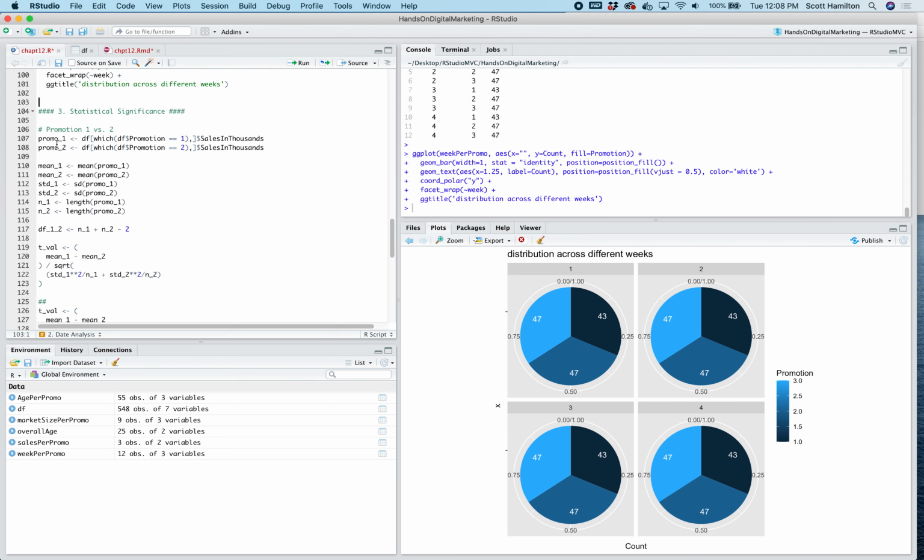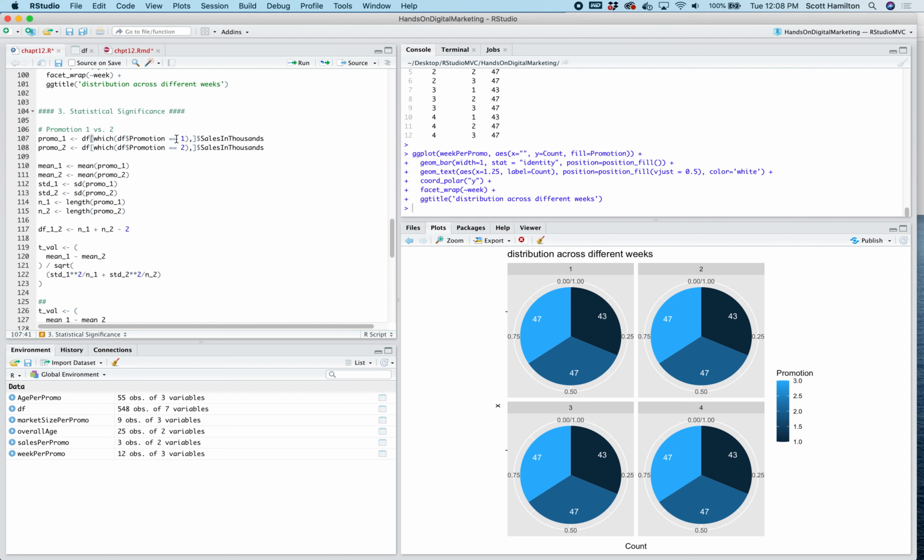So what we're doing here in the code is we're lining up 2 samples. So this is going to be our promo 1. And how it's created, we're taking our data set, that df, and this is a bracket, so we're actually pulling out a column. And so we're pulling out a column which, in that data frame, our variable promotion is equal to 1, and we want the sales in thousands.